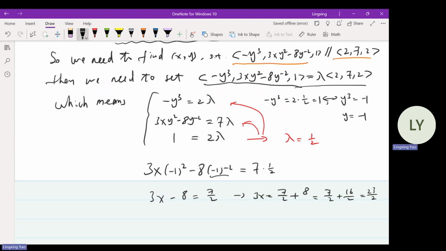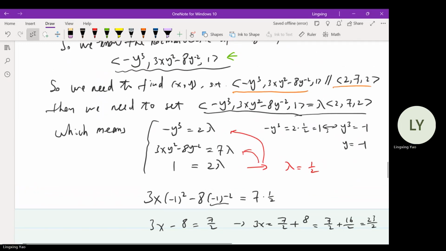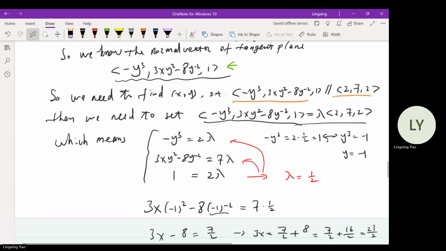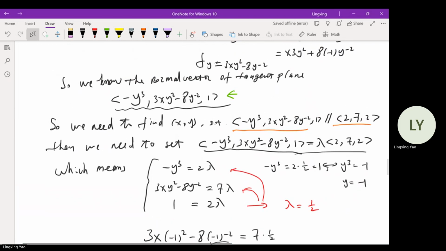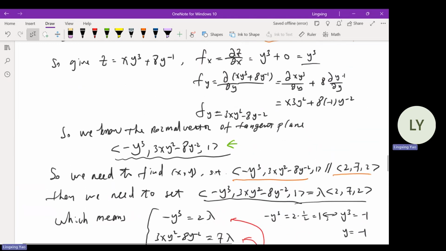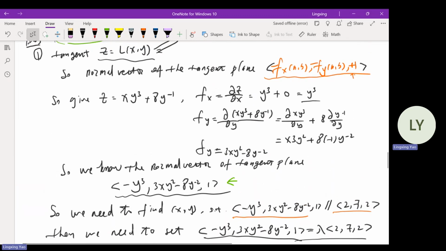Maybe not so quick. Let me see. I think we are missing something. Oh, here.